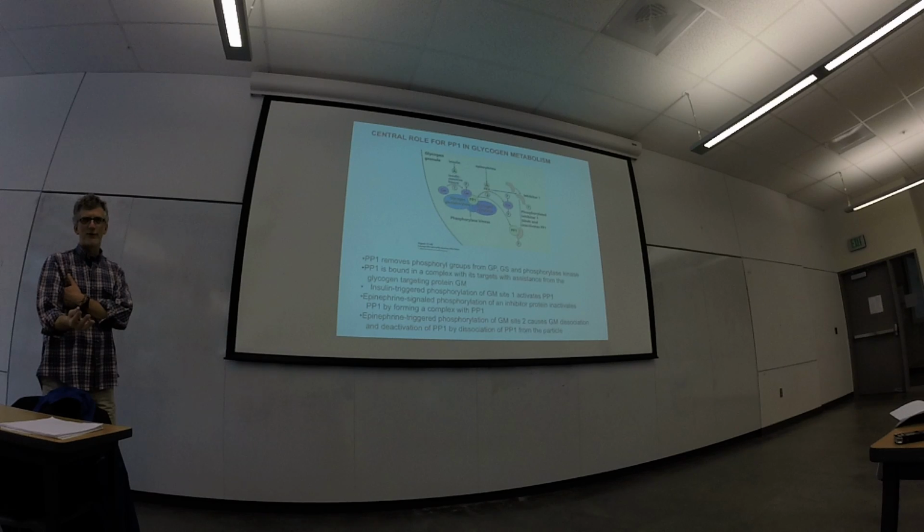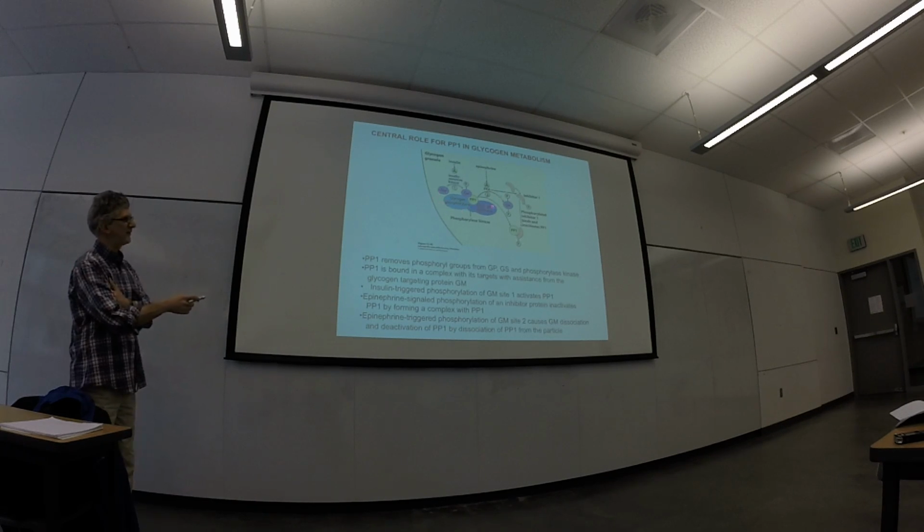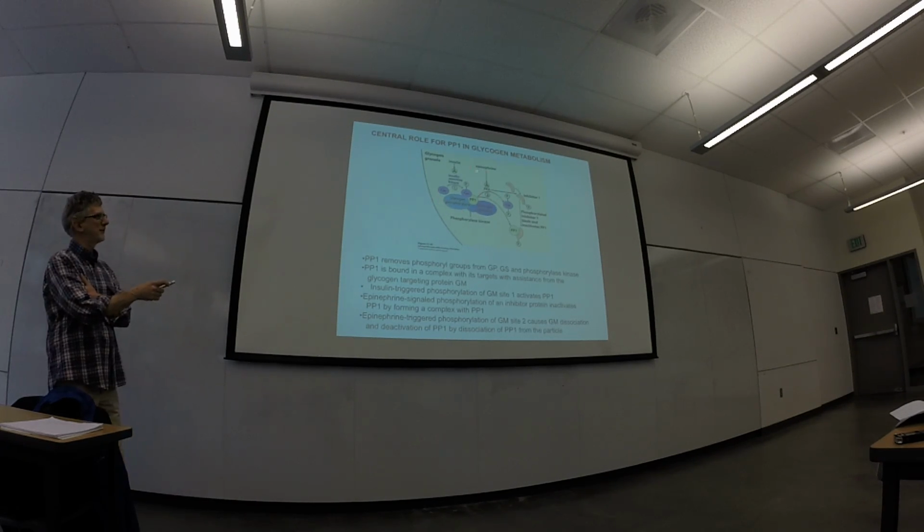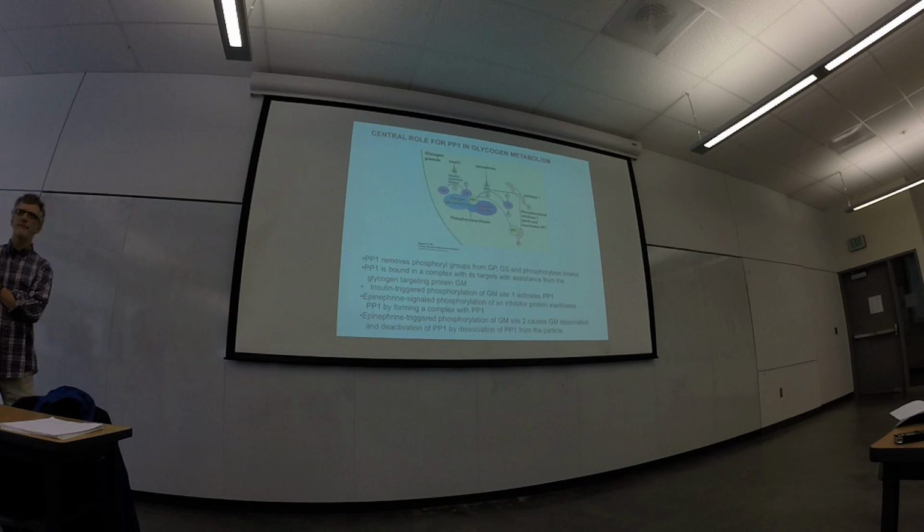And so when PP1 is out of the particle, none of these reactions happen, and that's good for epinephrine because it means that blood sugar will go up. Right, so these are alternatives, this versus that. Presumably, both of them will not be present at the same time, or else there's some deeper systemic problem with the body metabolism.